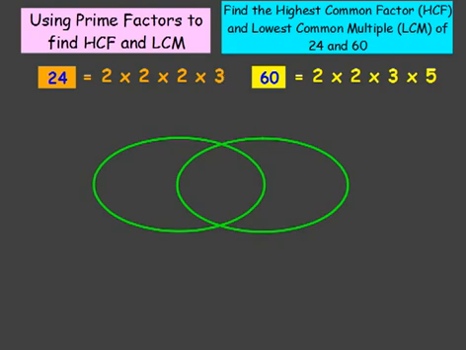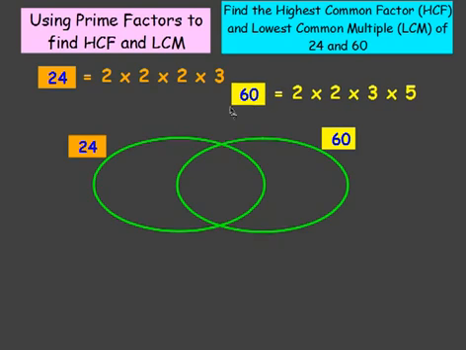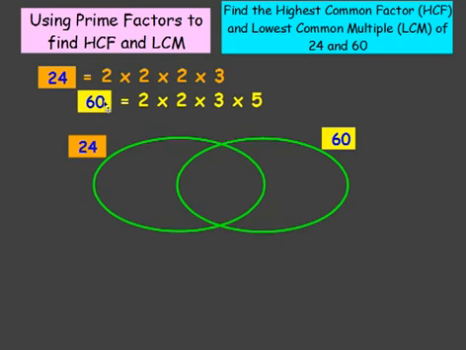So we're going to position prime factors of 24 on the left hand side, prime factors of 60 on the right hand side, the overlapping region, prime factors of both 24 and 60. So we can see now if we overlap them that the prime factors of both, there's a 2, there's another 2, and we've got a 3 and a 3.